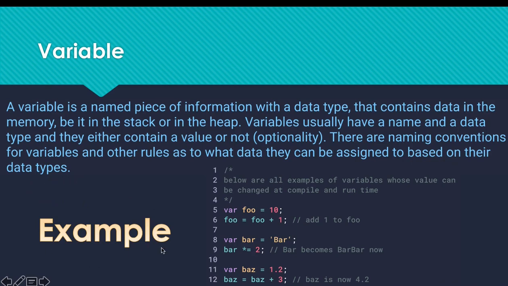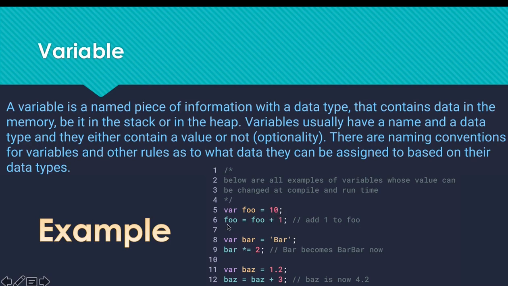So let's take this example of variables. Here are some variables. var foo = 10. This is a variable named foo, and it contains the value 10.